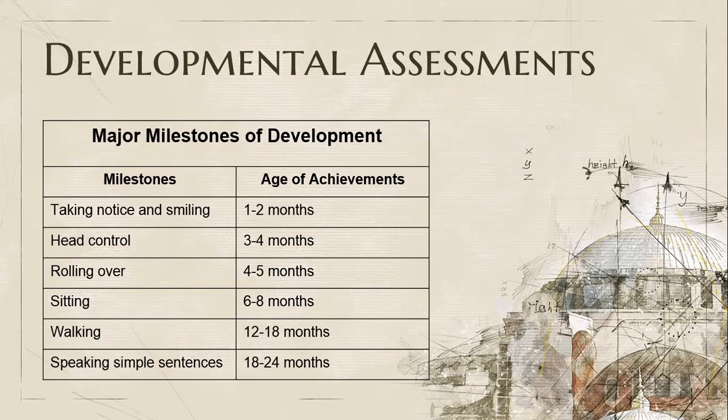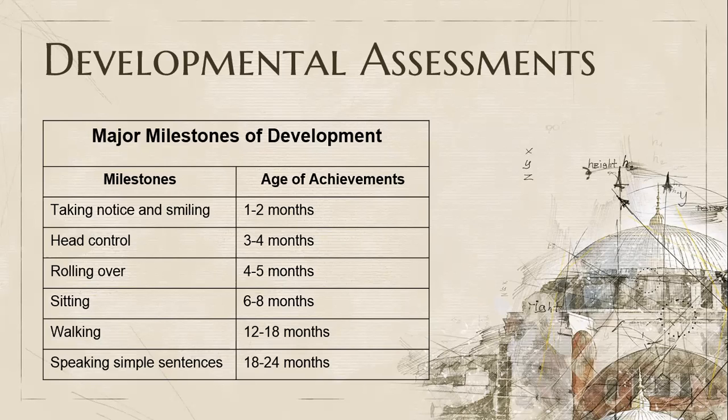And sitting without any support in the month of 6 to 8 months means the baby achieved. And walking with support in the month of 12 to 18 months, with or without support, it is achieved. And next, speaking simple sentences in the month of 18 to 24 months, the baby's age of achievements are achieved.